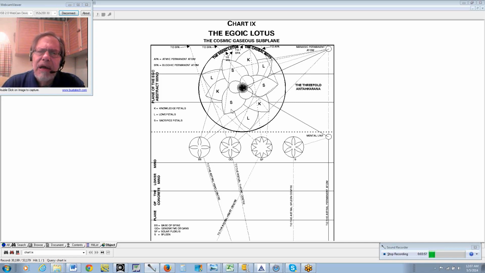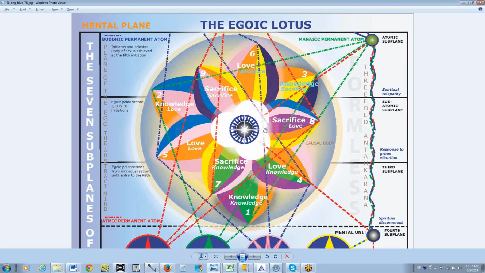But from the way this diagram is set up, it does appear that the sacrifice petals, which are more closely allied with the inner group of synthesis petals, are turning in a counterclockwise direction, because we would always move from sacrifice knowledge to sacrifice love to sacrifice sacrifice. So there's something to be sorted out there, but I just want us to be clear about how the diagram actually reads. Now, this is a corrected diagram from the way it was first rendered more than 20 years ago.